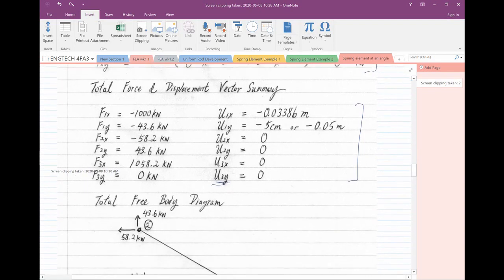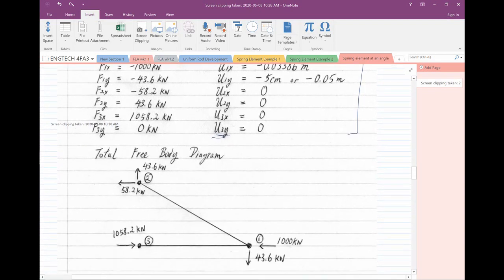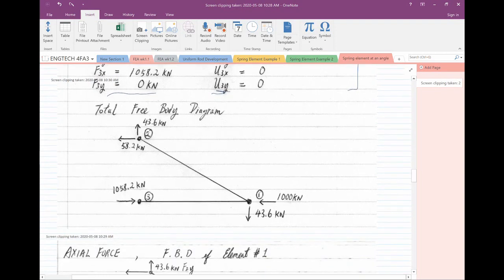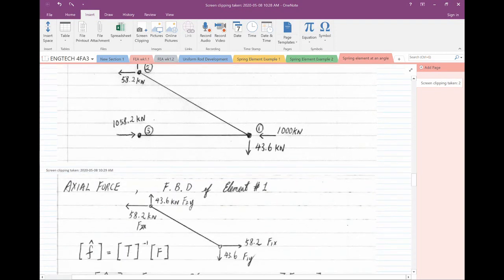The next step, I draw the free body diagrams. Nothing fancy, I just write down the force into each node and its direction. With this in mind, we can draw the free body diagram for each element.